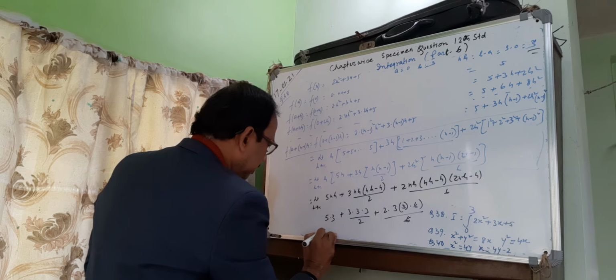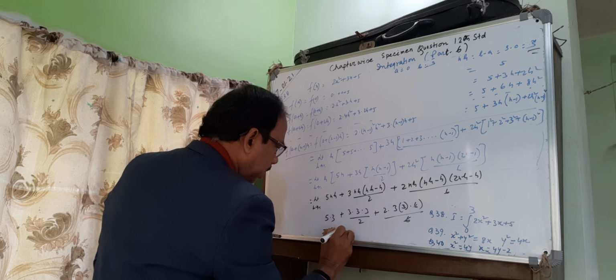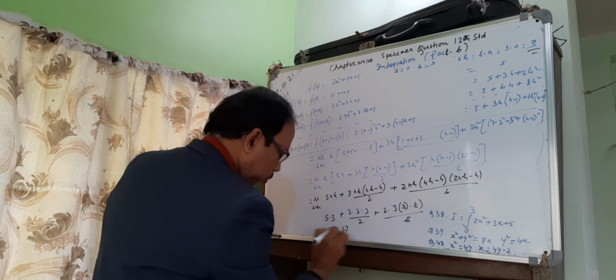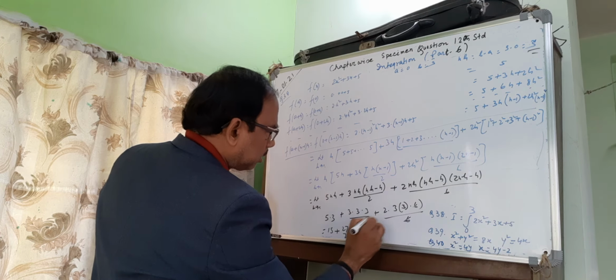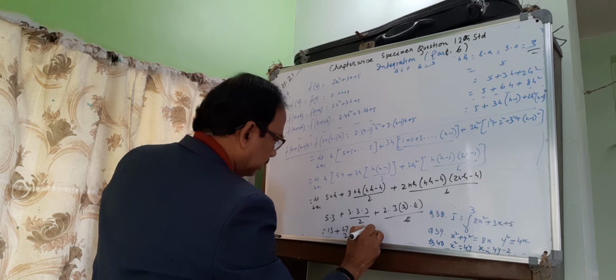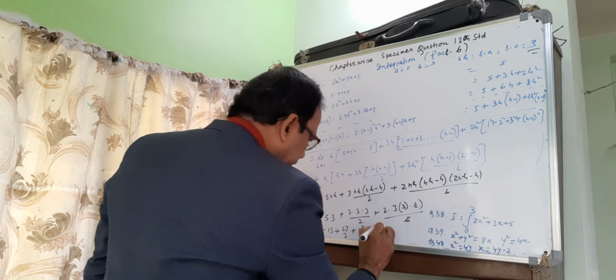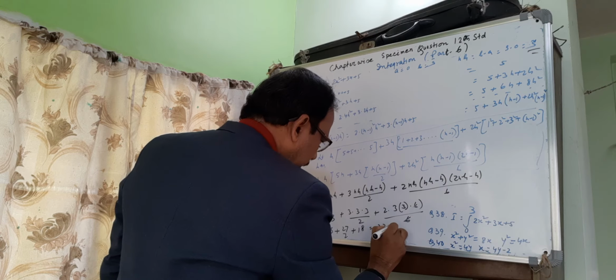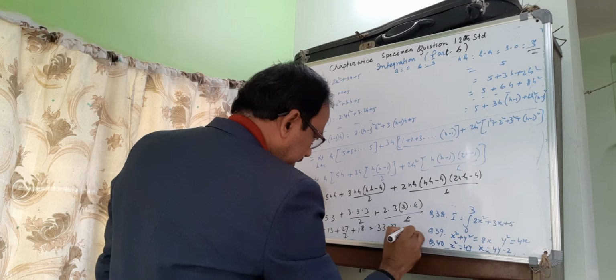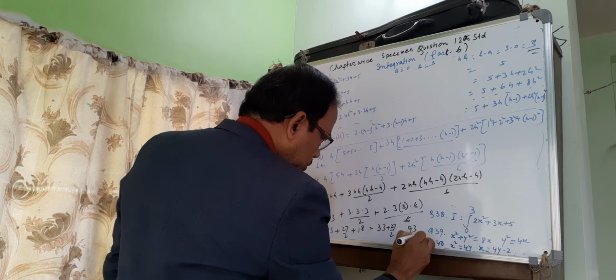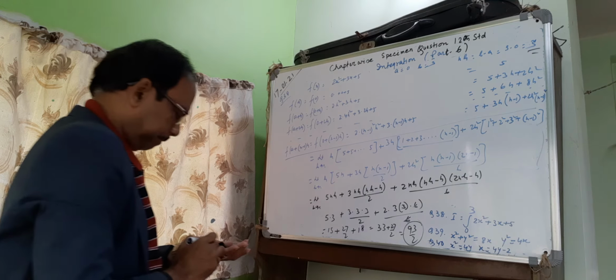So here the answer is 15 plus 27 by 2 plus 18, that is 33 plus 27 by 2, that is 66 plus 27, that is 93 by 2 is your final answer.